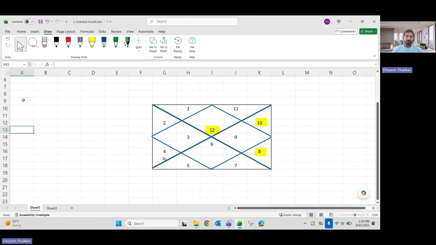Normally you look at it from the Rashi, yes, but I've actually seen many times that the promise that's in the chart is always seen through your ascendant chart. It's not seen through your moon chart. So the promises get fulfilled when you look at it from the ascendant.